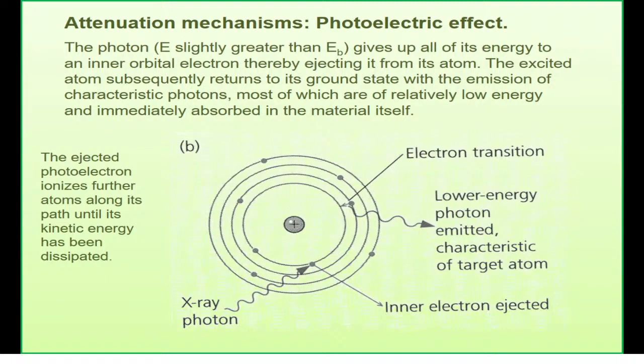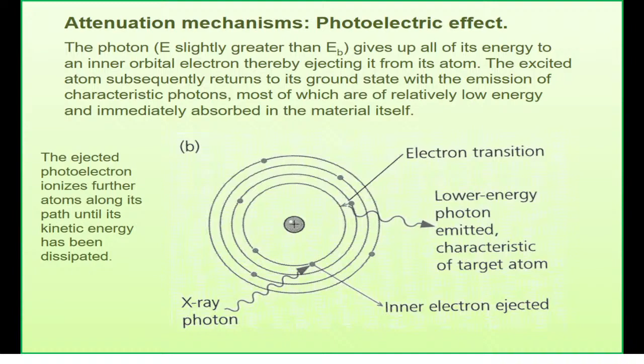The photoelectron, the inner electron that is ejected, is developed, and a low energy photon is emitted, characteristic of the target atom of the material. The ejected photoelectron ionizes further atoms along its path until its kinetic energy has been dissipated.